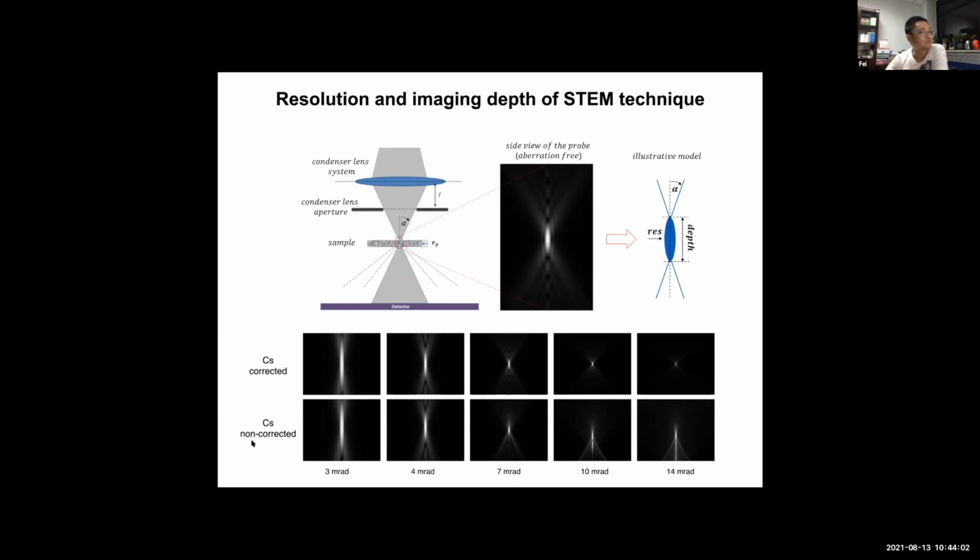But for a Cs non-corrected system, there is one critical convergence angle. For example, for a 200 kV electron microscope, the critical convergence angle is about 7 milliradians. And so we can manipulate the resolution and the depth of focus by changing the convergence angle.